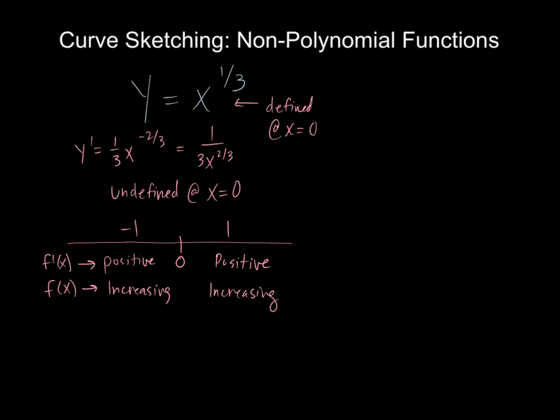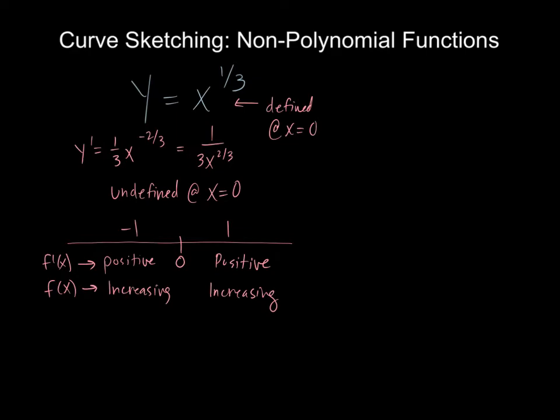Okay, so it increases everywhere. That's possible. That happens in a lot of functions. So let's check concavity. We don't have any relative max or min. A sharp point usually is one of those two. I don't guess it always has to be, but it usually is, and this is not one of those.